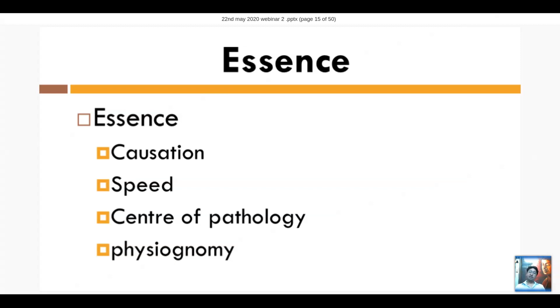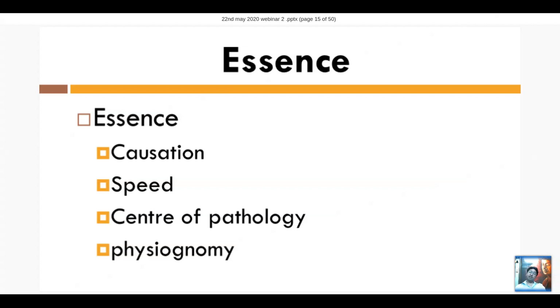So these things are very important when we have to understand the center of pathology, and this is a very important understanding. I want to give one example here. Suppose we took a case of a patient. After detailed case taking, we came to know that his problem is centered around the GIT, right?